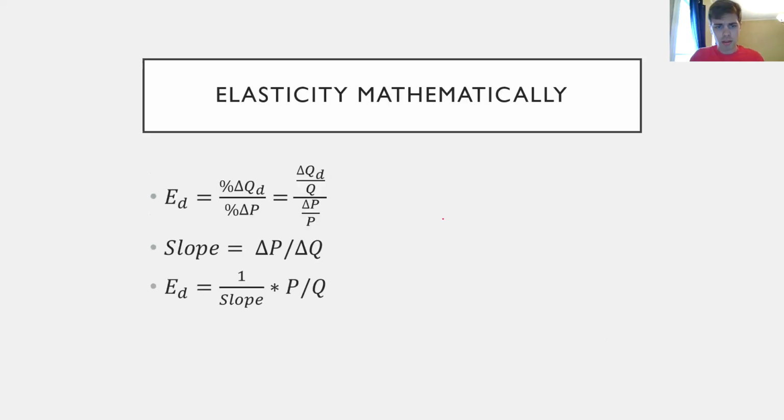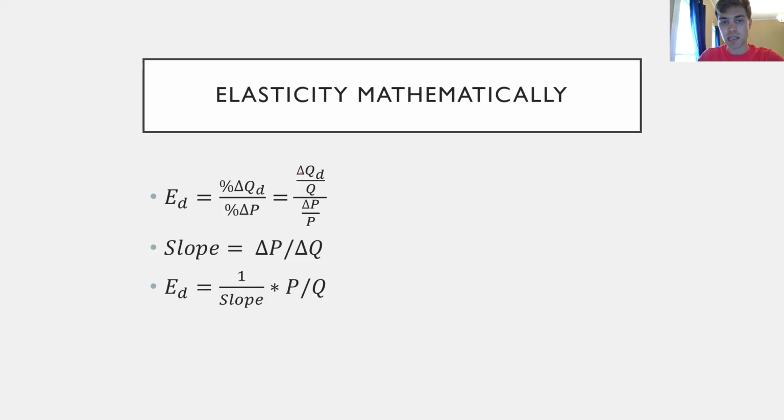Okay, so let's come back to some mathematical notation for elasticities. Just looking at elasticity of demand here, we can write it in a number of ways. We know that it's the percentage change in quantity demanded divided by the percent change in price.